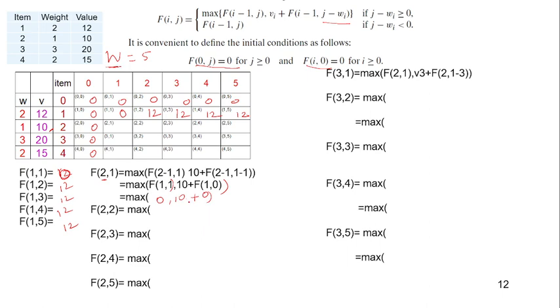So the maximum value is 10. The maximum of 0 comma 10 is 10. Put 10 here.